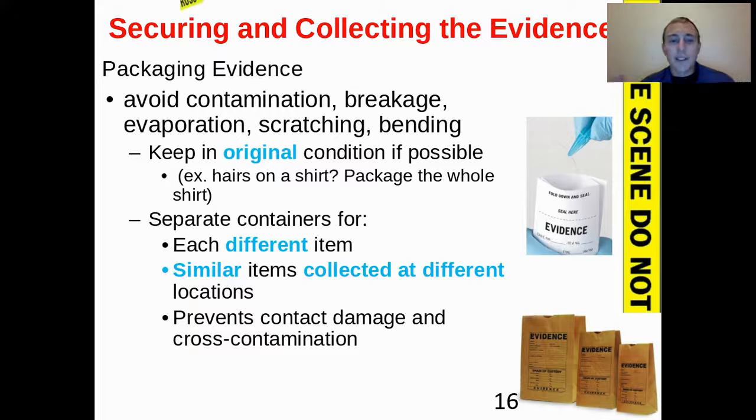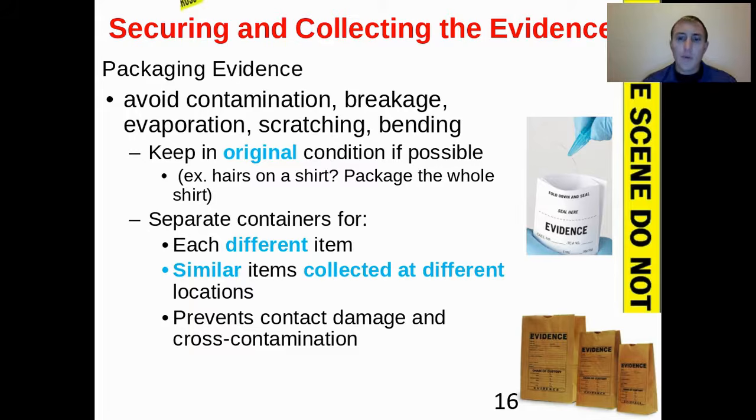So the biggest thing when we're trying to collect evidence is we want to try and keep it in as much of its original condition as possible. So if, for example, we have a shirt that has some hairs and some blood on it, rather than collecting those hairs or collecting that blood sample, we just collect the entire shirt, put that inside of a large paper bag and then seal it and then take it to the lab and we analyze it in a much more controlled environment.